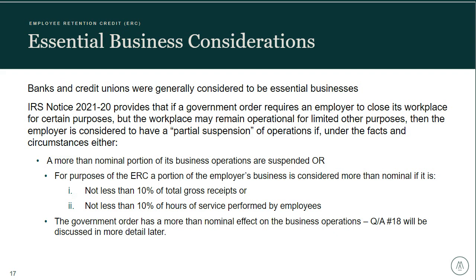Alternatively, say we can't, or we can, but we want to go a step further. And remember, it's an or test. You don't have to. But can you identify an impact to the business where 10% of your employee hours were suspended by these government regulations?